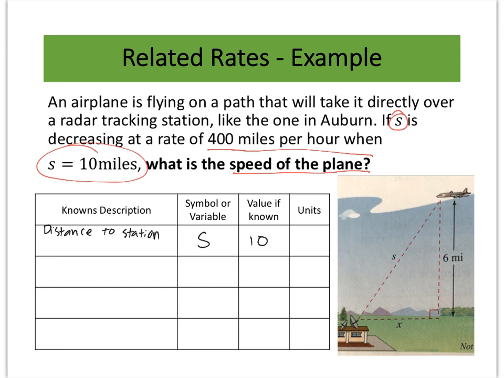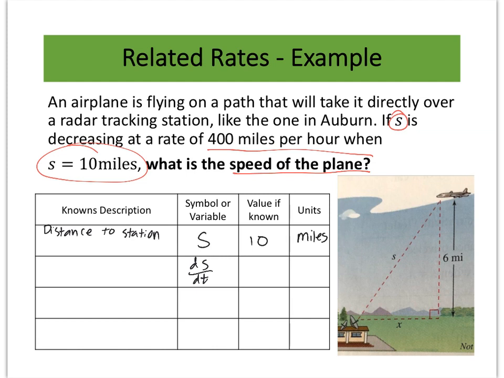S appears to be in miles, because the units that are predominant are in miles. We also know a rate, 400 miles per hour. S is decreasing at a rate, so we know ds dt, the change in S over time.